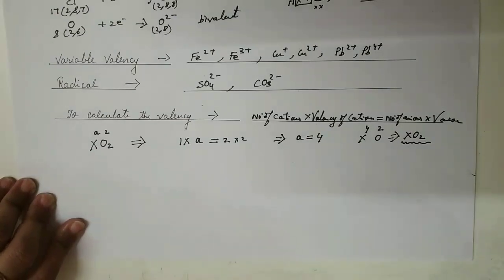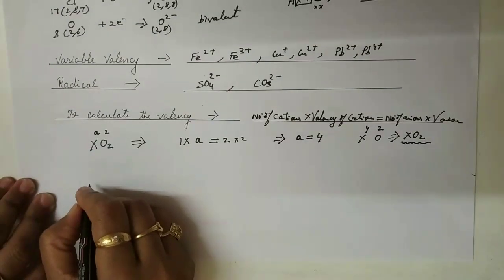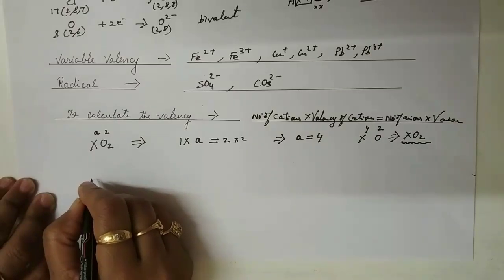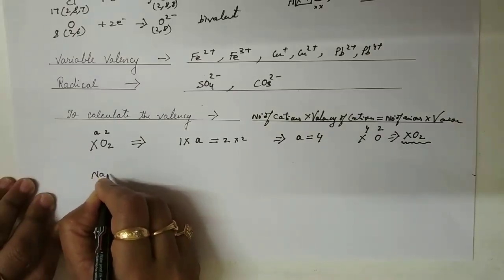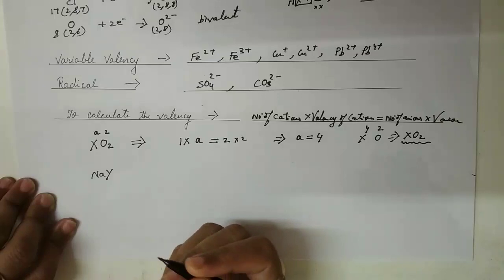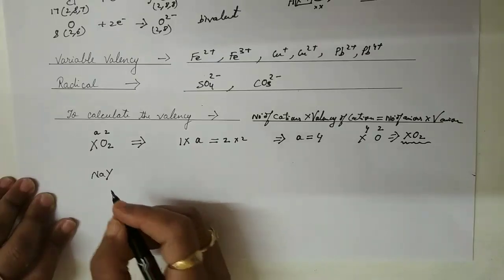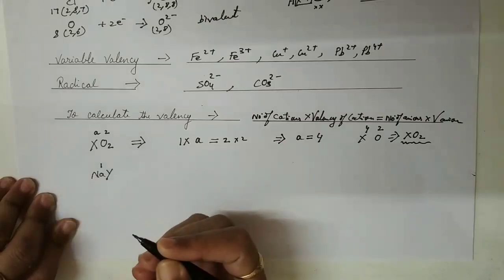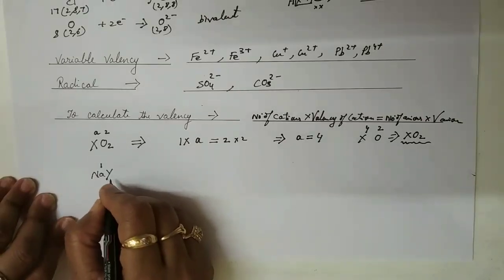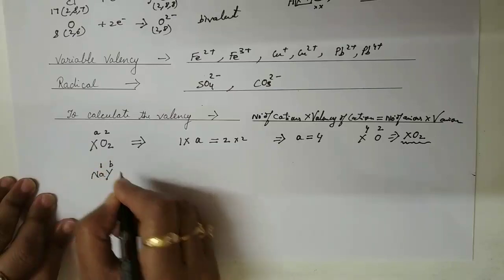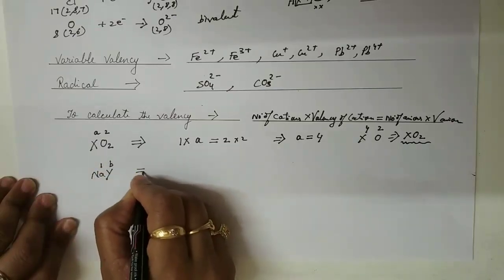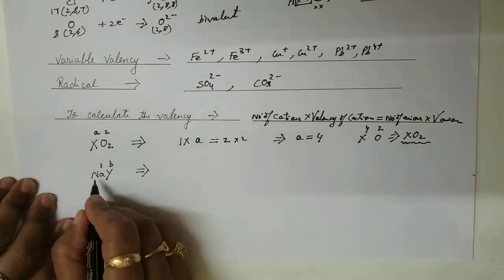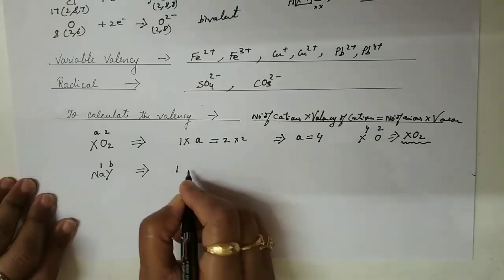Let me take another example. Say my compound is NaY. I know the valency of the cation, 1. I do not know what the anion is, so I assume it to be B. Now, how many cations do I have? 1.